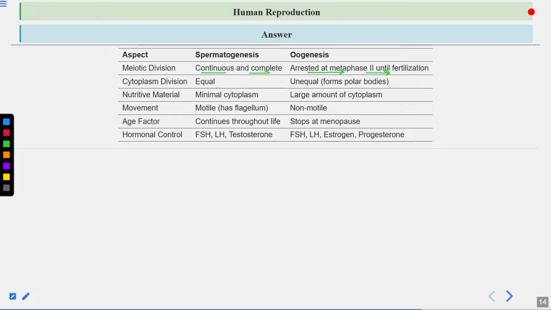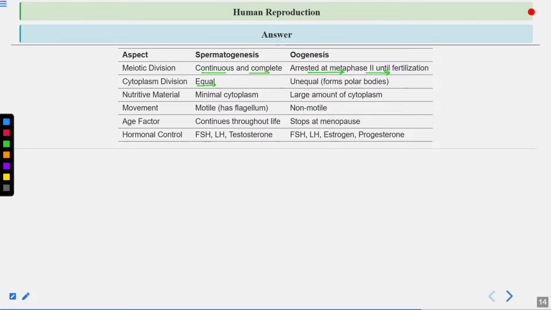Then cytoplasm division in spermatogenesis is equal, but in oogenesis there is unequal division. So due to unequal division, a large secondary oocyte is formed and a small first polar body is formed. Then in meiosis 2, which is also unequal, a large ovum is formed and a small second polar body is formed.